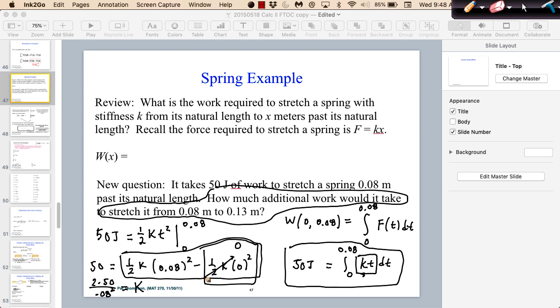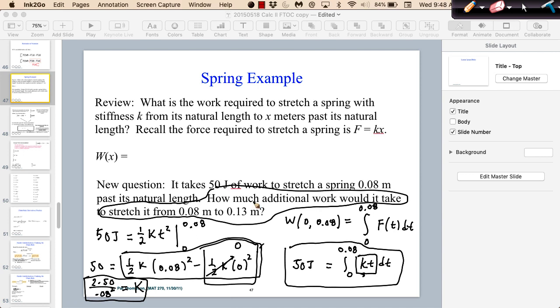I have the closed form net accumulation for work done by the spring, or work that you have to do to stretch the spring. So this is equal to this. Okay, so I just wanted to show you that closed form unlocks this problem for us so we can solve for k and then answer any question we want about the spring.